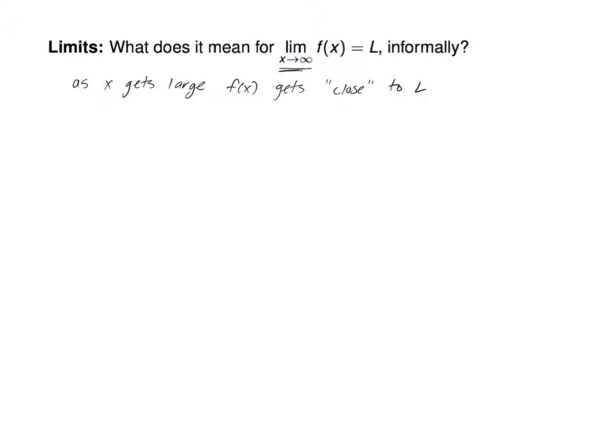A horizontal asymptote is a great way to visualize it. You have a function, and there's the L, and the function approaches that horizontal asymptote from the top. It could approach that limit from the bottom. And in some crazy worlds, it could approach it by doing some kind of dampening oscillations. Does that make sense? It gets closer to it the larger the x gets. That's the basic idea. Okay?